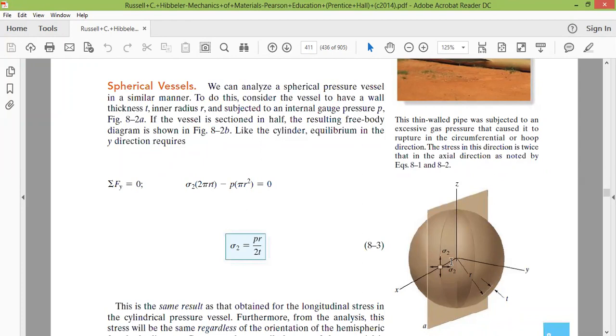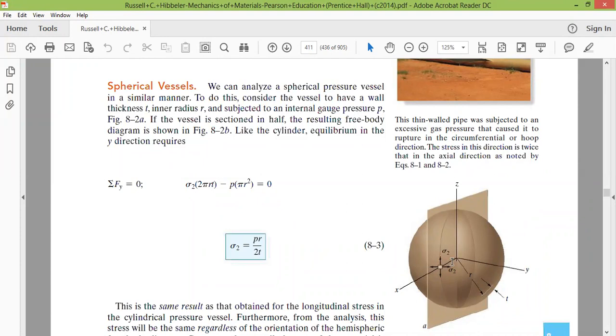and the ball is filled with a pressurized fluid, what will the pressurized fluid tend to do? It will try to increase the overall radius of this sphere. Like you have a football, you fill the football with pressurized air.